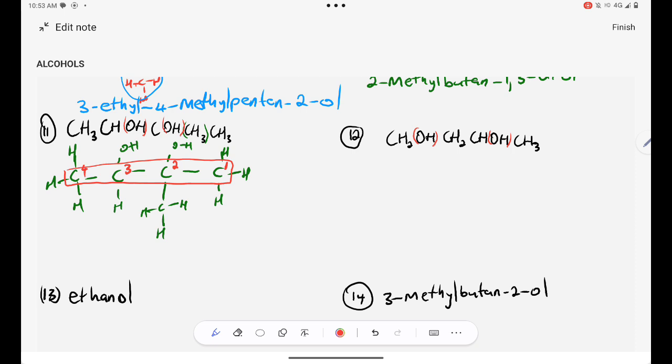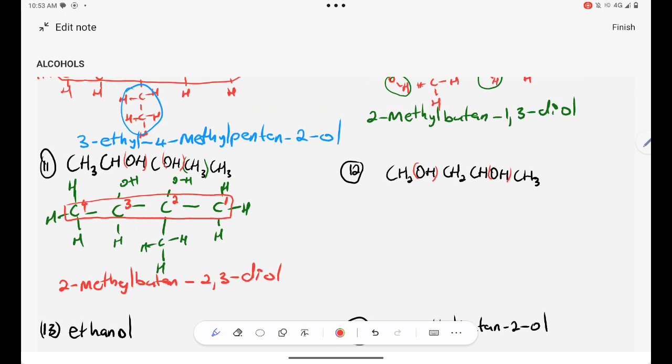Are we together? So my first carbon will be from the right going to the left. So at carbon number 2, I have my methyl, and then the prefix will be butane since the parent chain has 4 carbons. And then at carbon number 2 and carbon number 3, I have my diol.